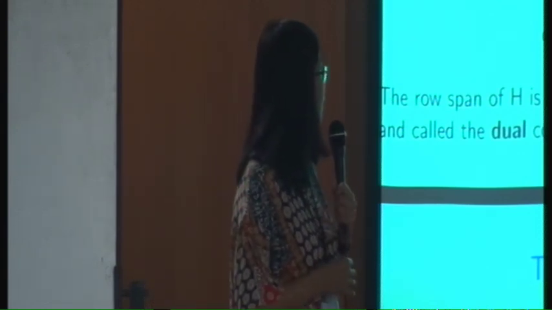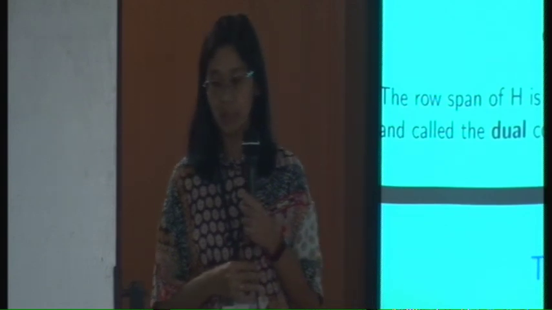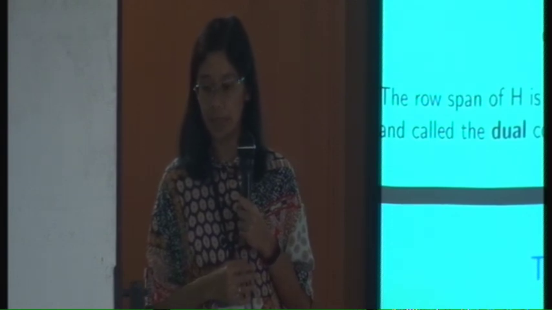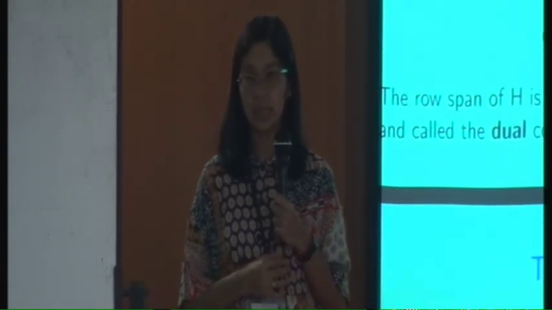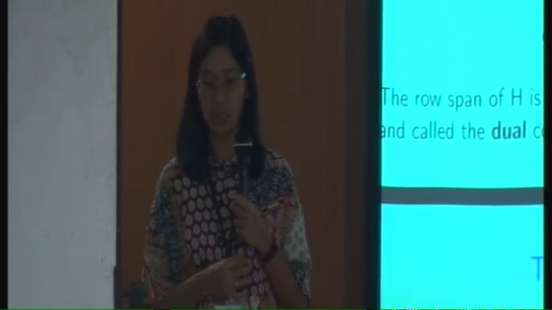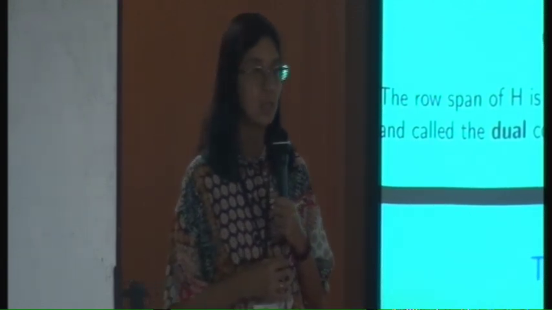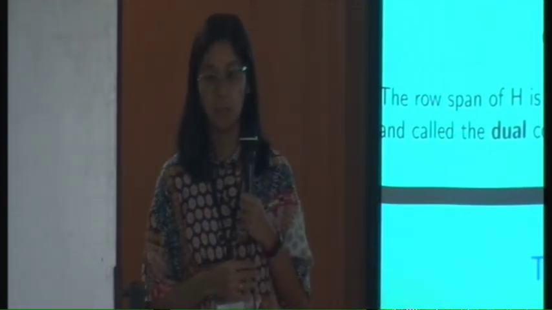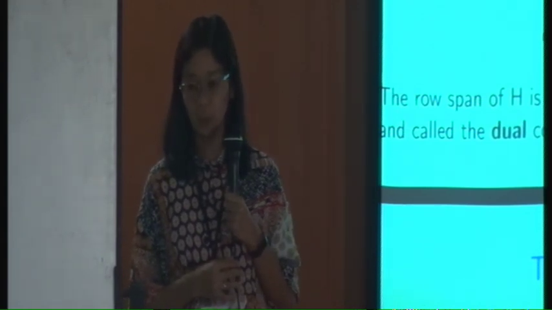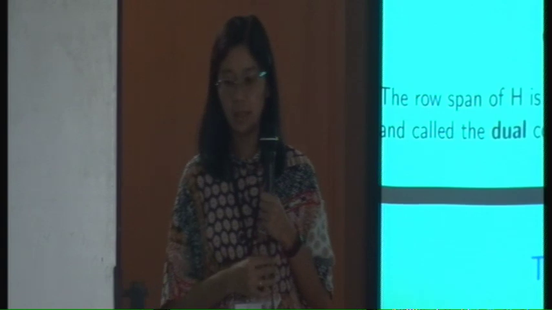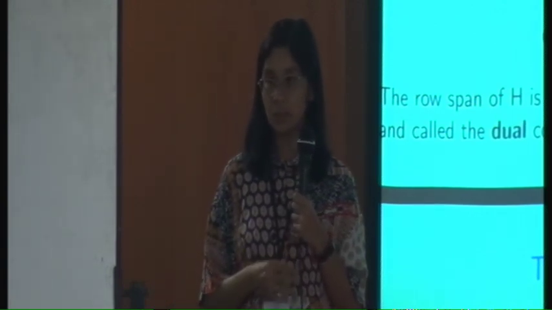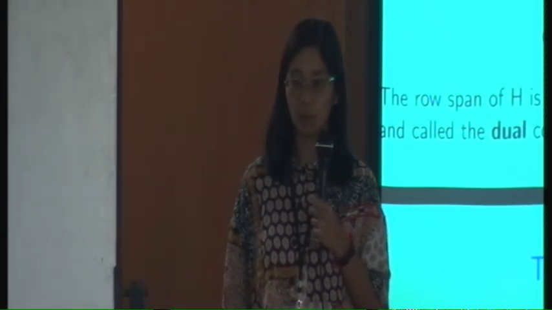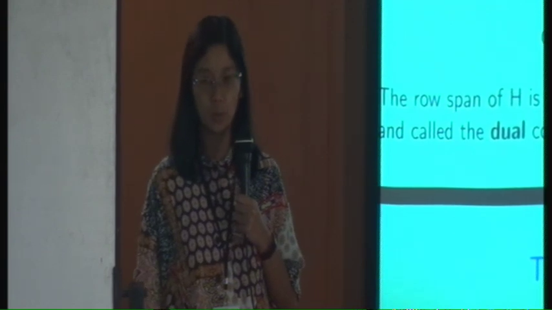We have another matrix, the parity check matrix H of a code, an (n minus k) by n matrix such that C is the null space of H. In other words, C is all vectors x in Fq^n where H times x transpose equals 0. The row span of H is also a code, of dimension n minus k, denoted C perp, and we call it the dual code.